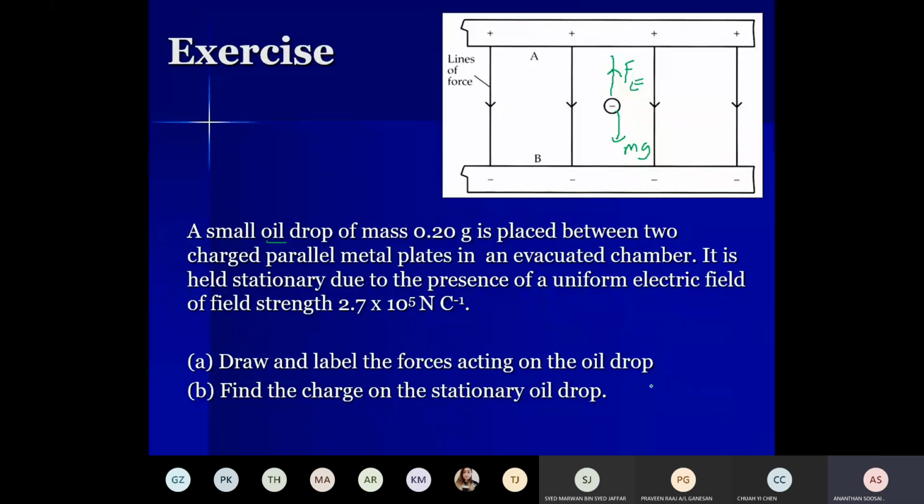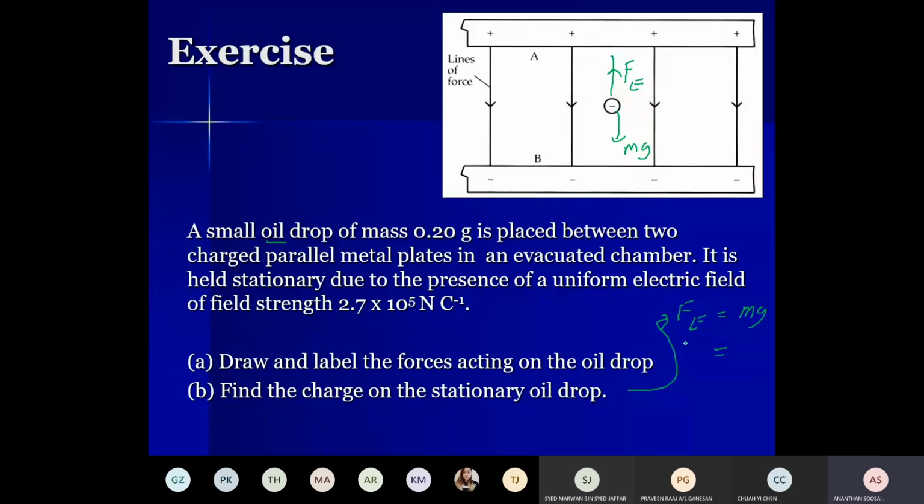Find the charge on the stationary oil droplet. So anyone got the answer? How do you start your working? What equals to what? The electric force must equal the weight.